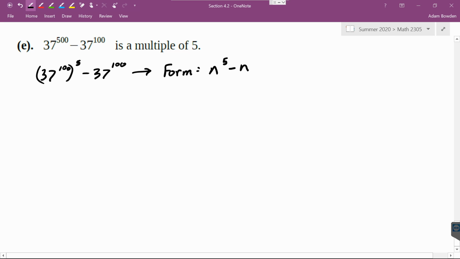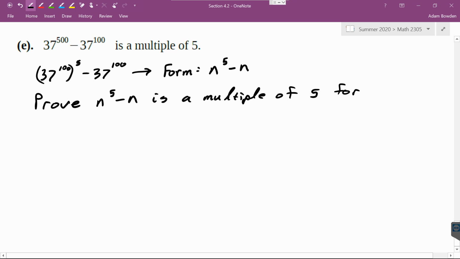And so we're going to prove that this is true for n, and then it will follow it's true for those numbers we have specifically here. So we're going to prove n to the fifth minus n is a multiple of 5 for n in the positive integers. So to do that, we'll use induction.